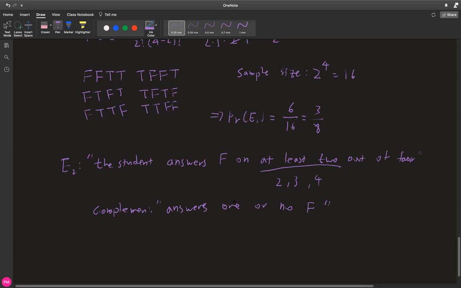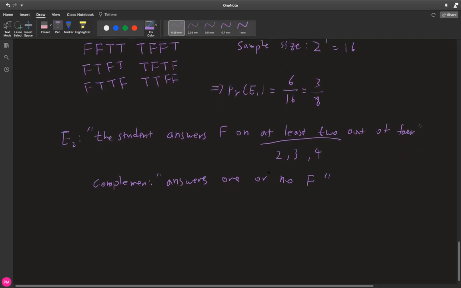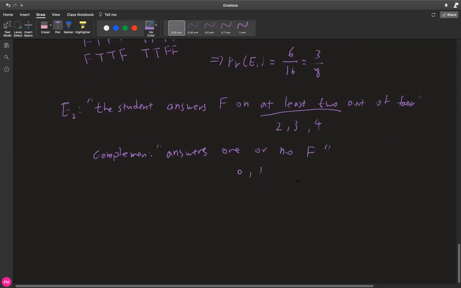This is simply the complement statement, in other words, a statement that's exactly opposite of what this event is talking about. So this means that the student has 0 or 1 Fs in their choices.